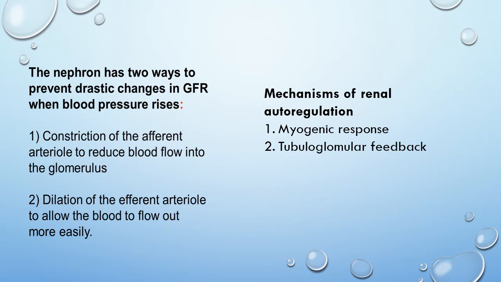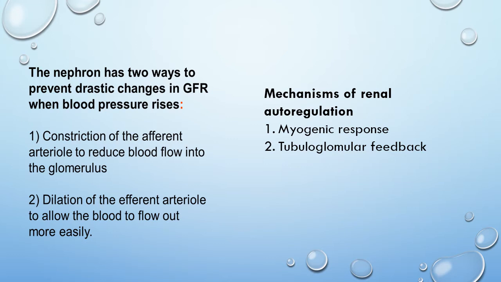There are renal or kidney ways to actually regulate it. So the first way has the nephron preventing drastic, very aggressive or very fast changes in that glomerular filtration rate. And this occurs when blood pressure rises.